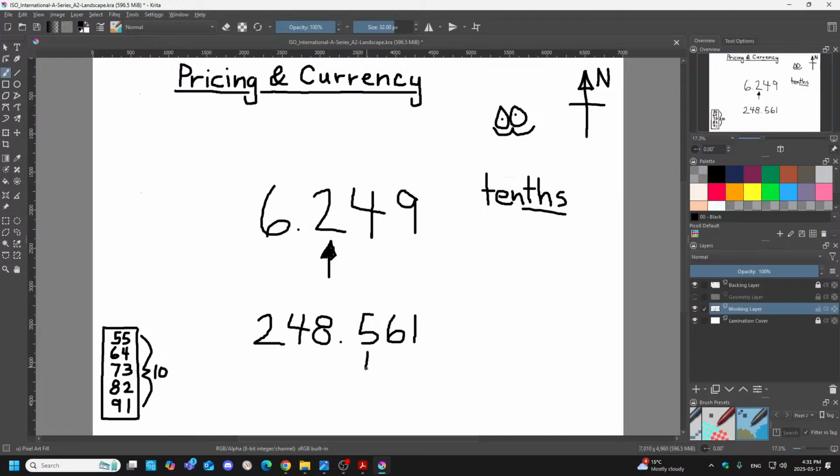If we're to round it to here, it would be 248.6. That's pretty obvious. If we're to round it to here, obviously it'd be 5/6. So that's an easy one. It's just, how does the rounding work when they're asking to this position when you have something like this, right?